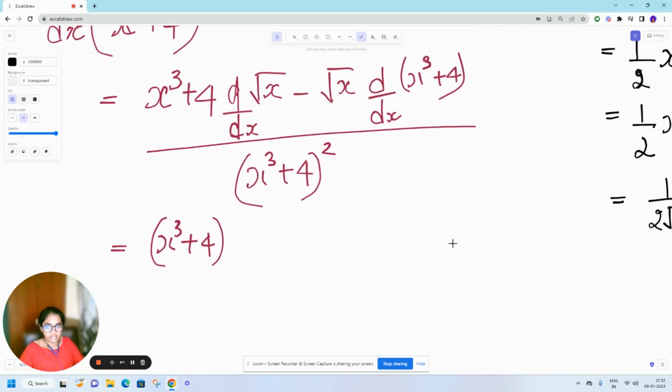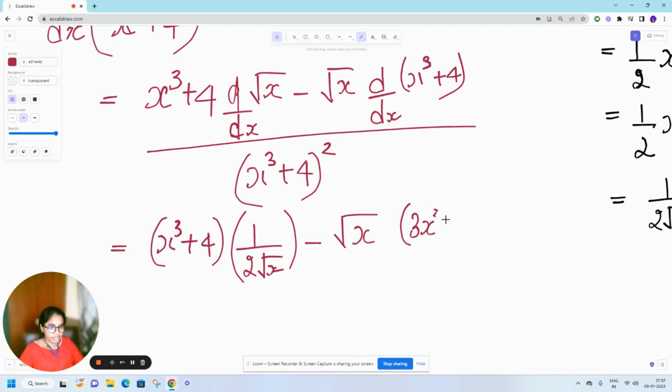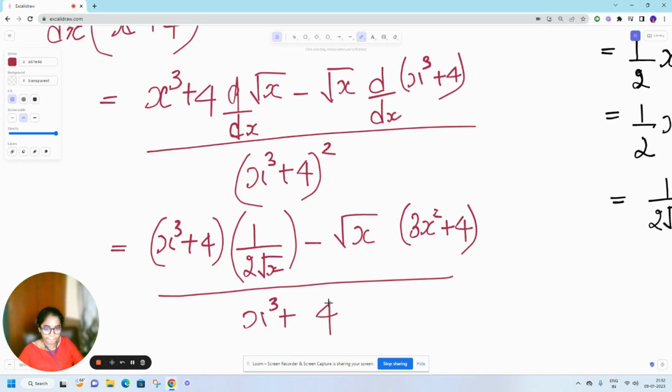So here, x cube plus 4, and the derivative of root x is 1 divided by 2 root x. Let me substitute that. Minus, I'll write down root x as it is. The derivative of x cube plus 4 is 3x square. This whole thing divided by x cube plus 4 the whole square.